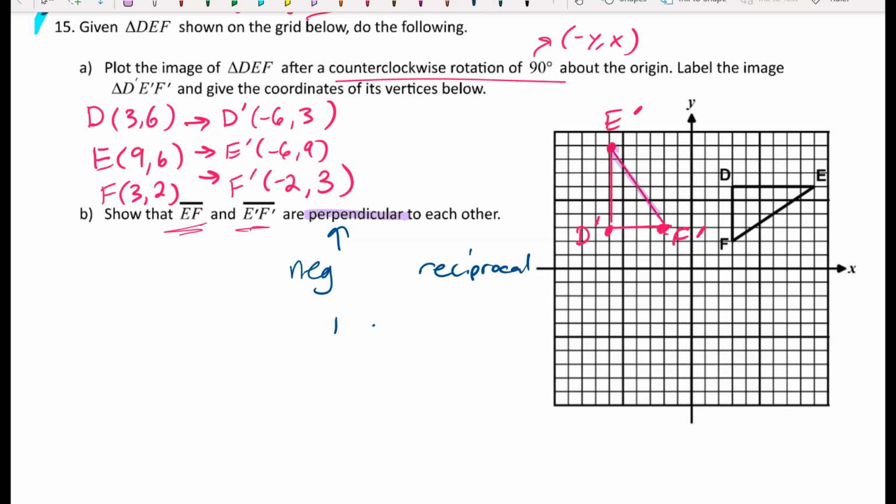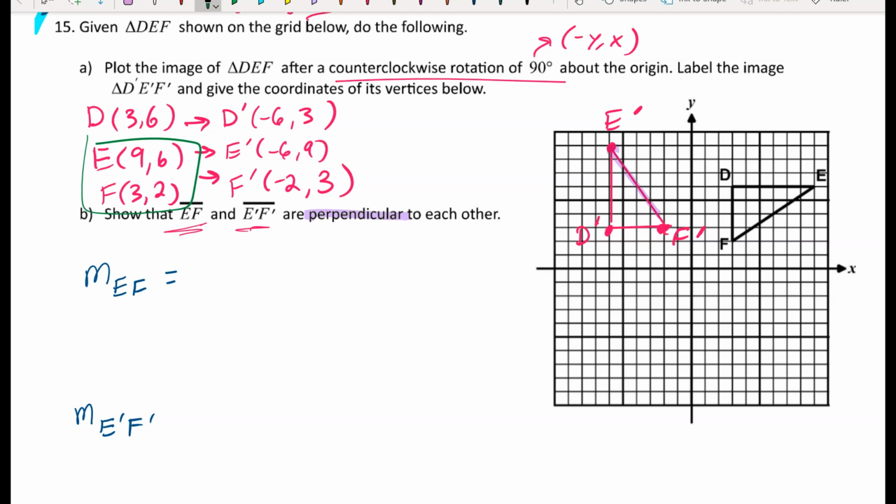So watch what I'm going to do. I'm going to apply the slope formula. I'm going to find the slope of EF, and I'm going to find the slope of E prime F prime. Now the slope of EF, if I do a quick plug into the slope formula, using these two fellows right here, is going to look like y2 minus y1 over x2 minus x1. 2 minus 6 is negative 4. 3 minus 9 is negative 6.